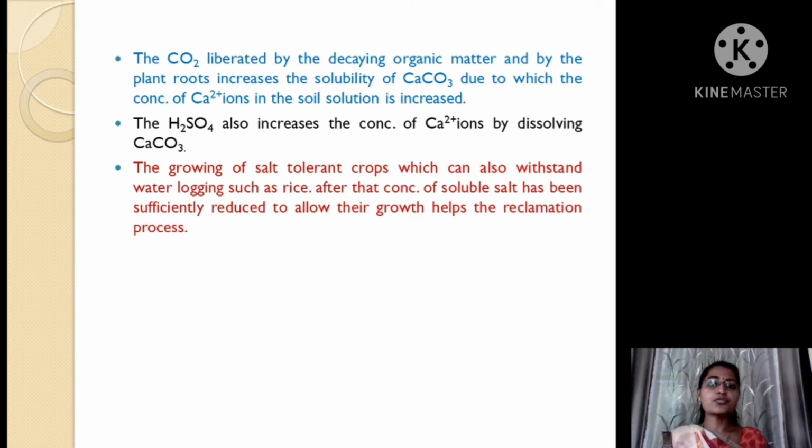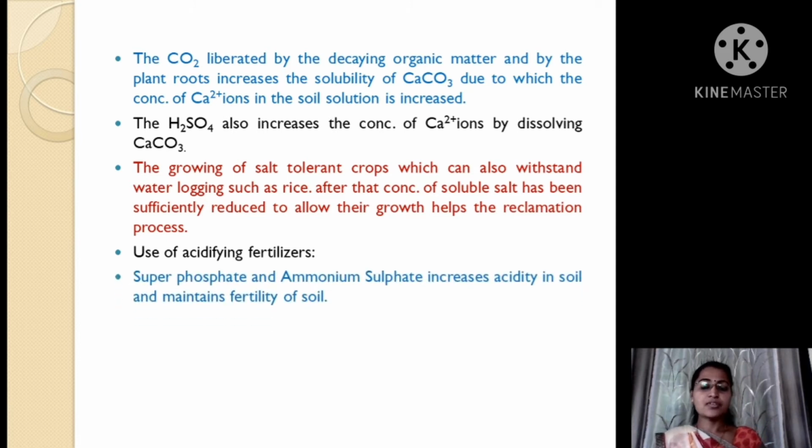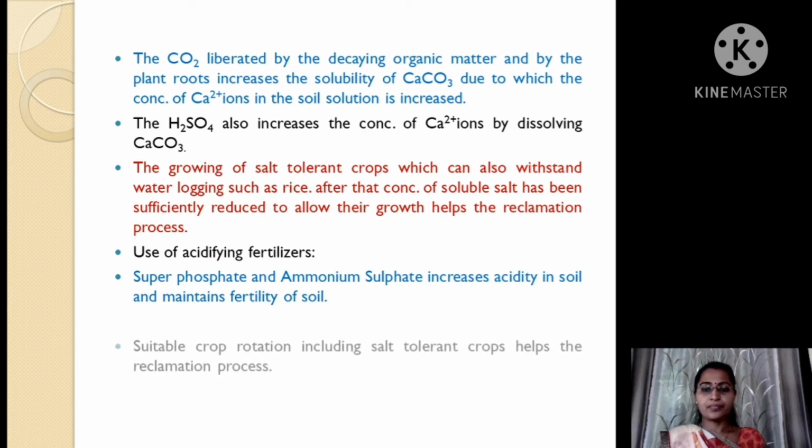The growing of salt-tolerant crops which can also withstand waterlogging, such as rice, after the concentration of soluble salt has been sufficiently reduced to allow their growth, helps the reclamation process. We can use acidifying fertilizers such as sulfur, phosphate and ammonium sulfate, which increase acidity in soil and maintain fertility.